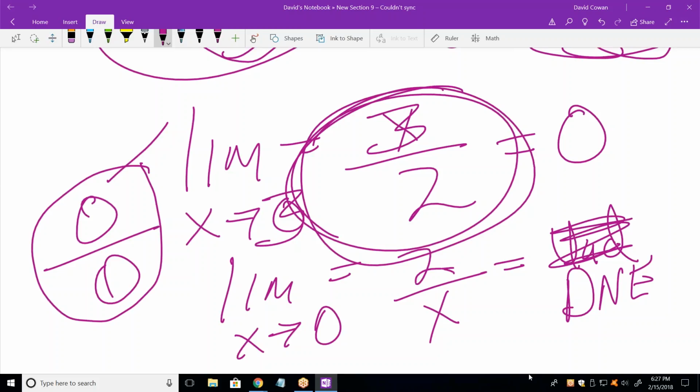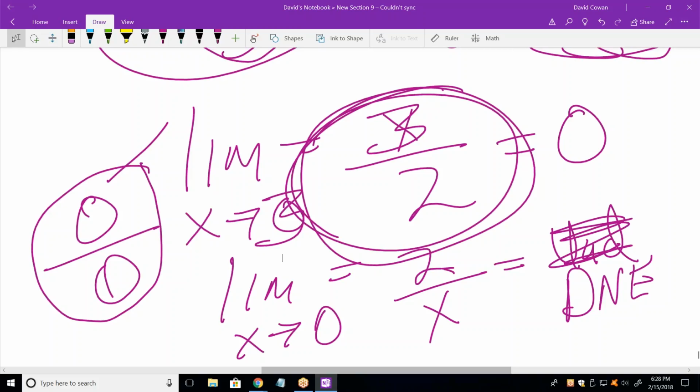It's only difficult when it ends up being 0 over 0, and you substitute in, and then you have to do additional stuff. Every other one is no harder than 6th grade arithmetic. Anything other than 0 over 0 is either 0 or it does not exist.